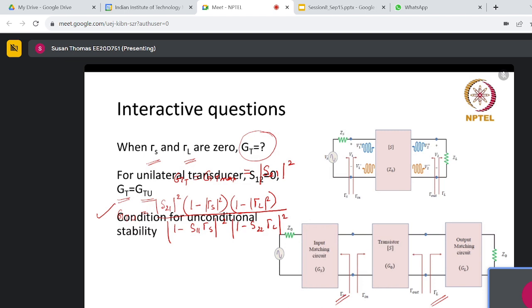Now coming to the condition: unconditional stability of the amplifier can be ensured under what condition?